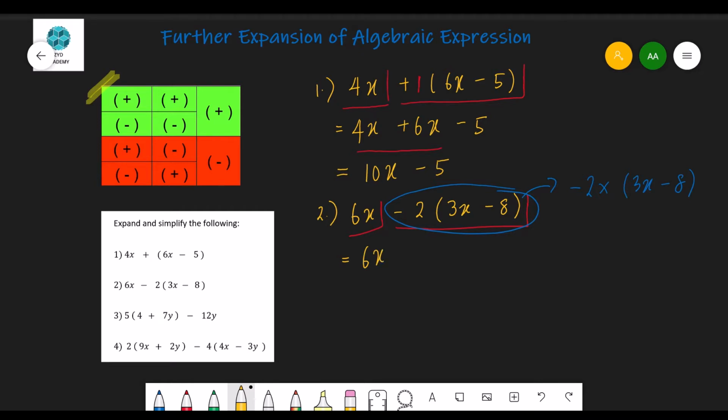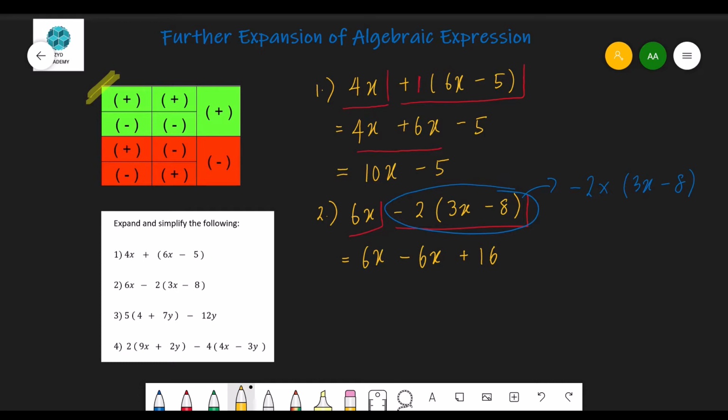So 6x, then minus multiplied by positive: negative multiplied by positive is a negative. 2 times 3 is 6. Then we have an x here. Next one, negative and negative gives me a positive. 2 times 8 is 16. So this is what we get.